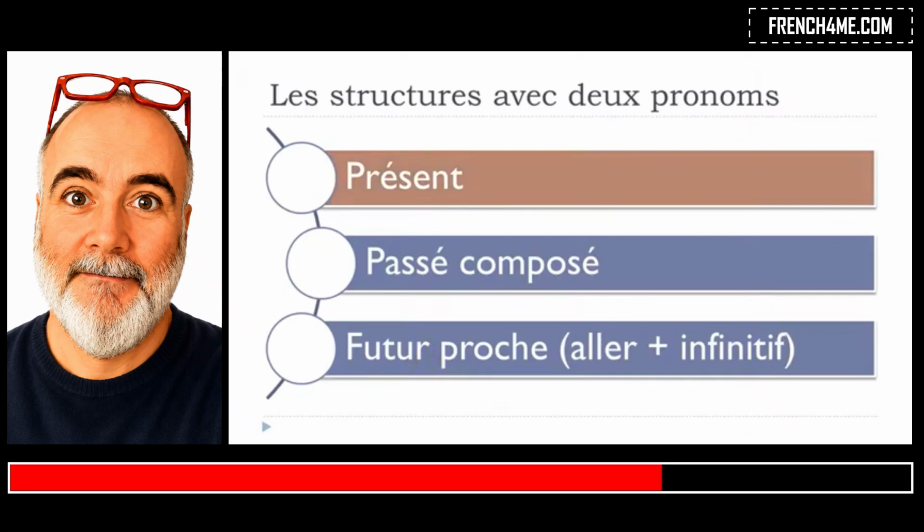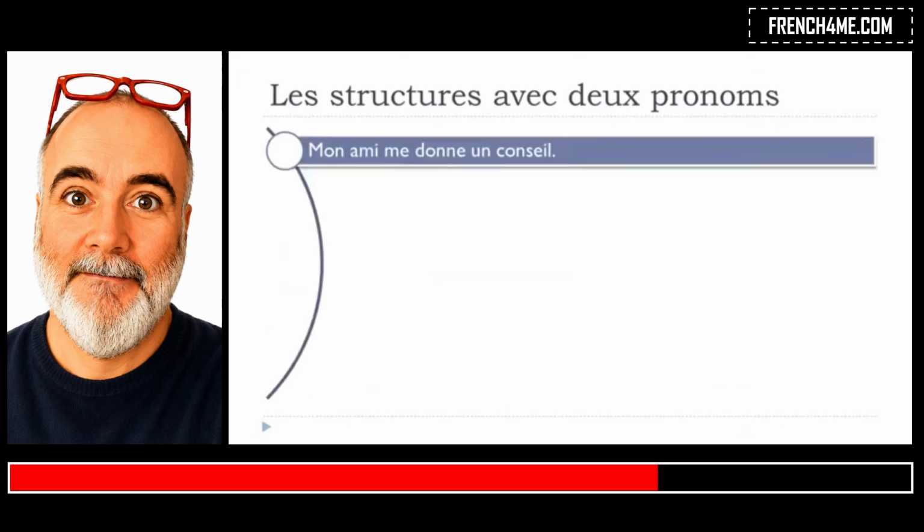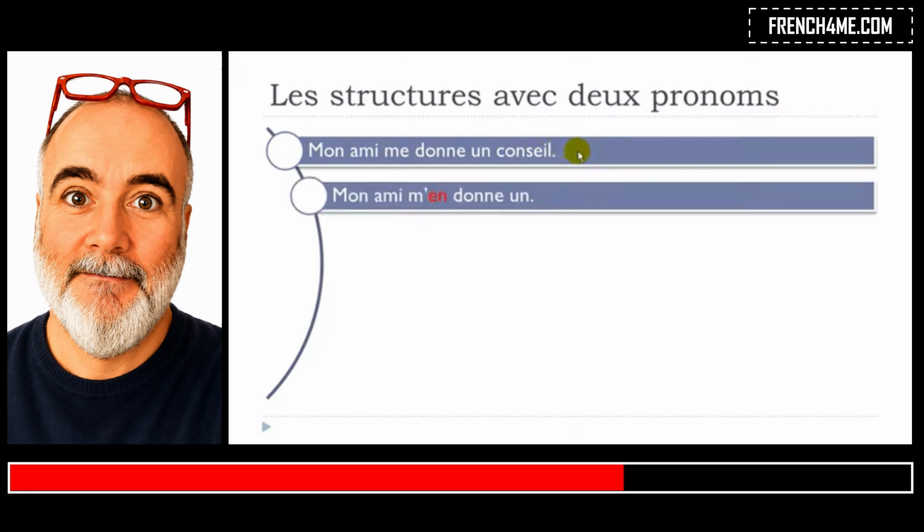So let's see now the présent. Mon ami me donne un conseil. All right, so mon ami, my friend, me donne, donner is to give, un conseil, an advice. Let's say we would like to replace un conseil, and we saw in the previous lesson that un conseil could be replaced with en.